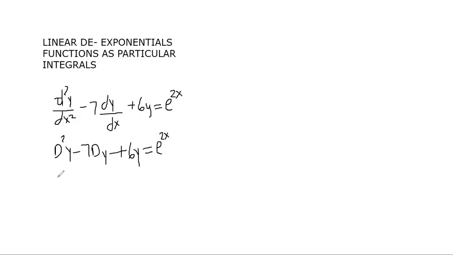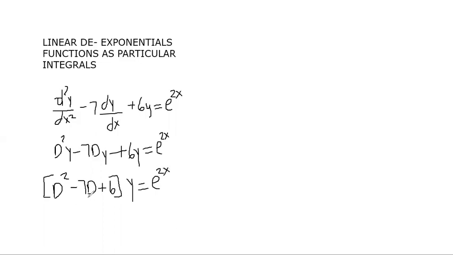Remember, what we always do is factor out the y, seeing that it is common between all of them. So we're left with D squared minus 7D plus 6, with y on the outside, and this is equal to e to the 2x.